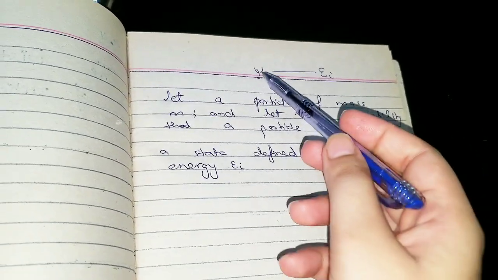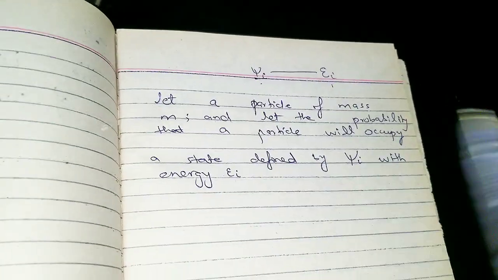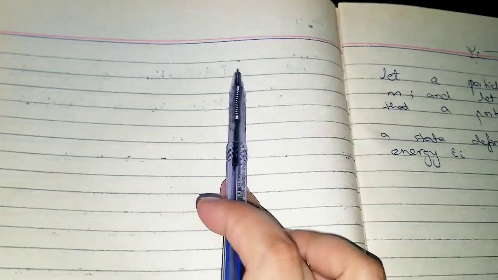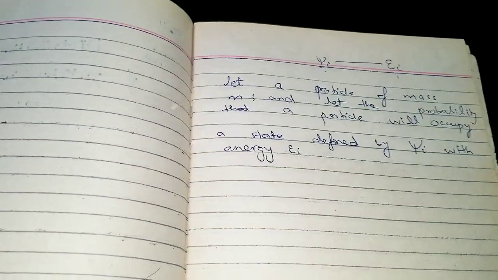So if you talk about psi I or EI, that means the same thing, okay. What we are doing is we want to find out the distribution function for a bunch of particles, but first we'll consider a single particle, and gradually we'll move towards the case that we are targeting. So first we'll talk about a single particle.